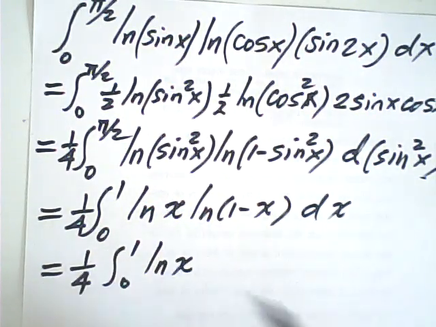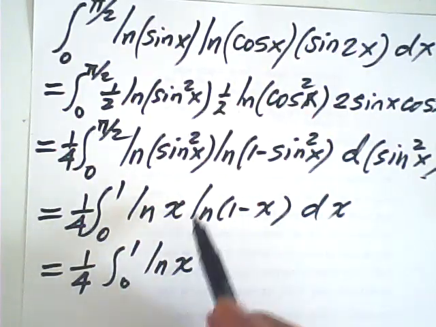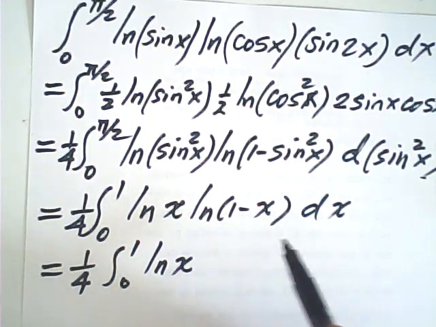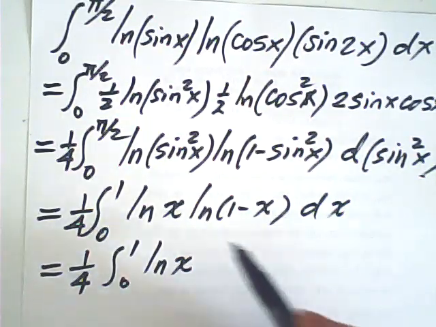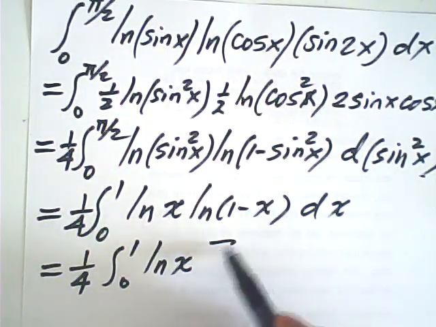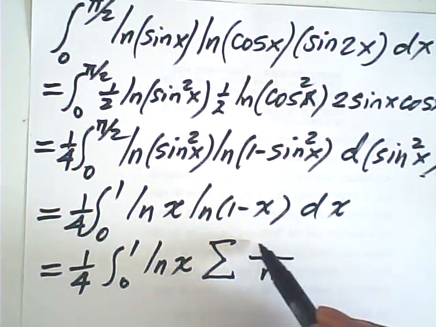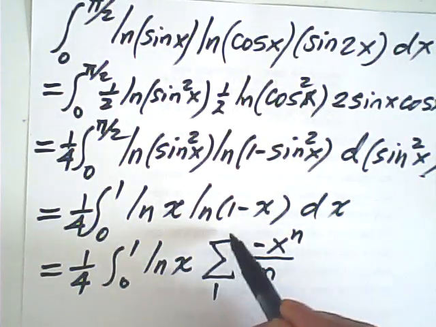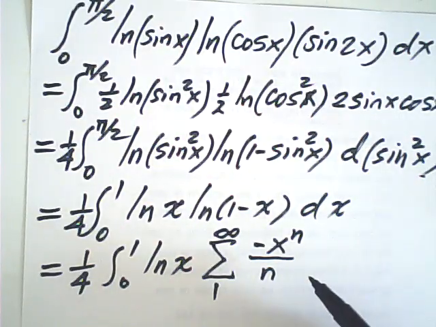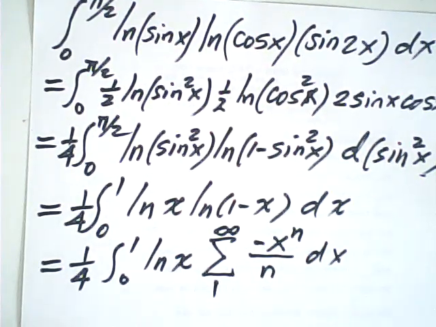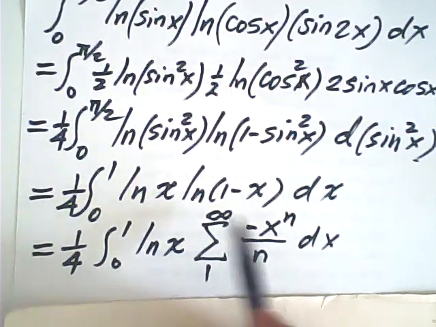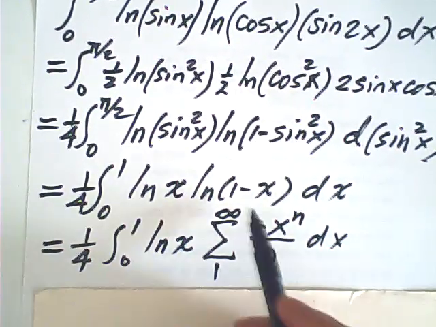of log x. Now we expand this one, log 1 minus x, as a Maclaurin series, which is sigma of negative x to the n over n from 1 to infinity, and then dx. If you don't remember that Maclaurin expansion, we can use this.